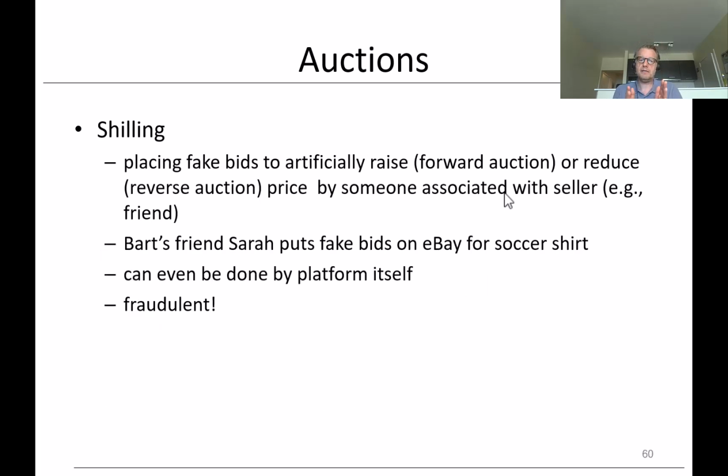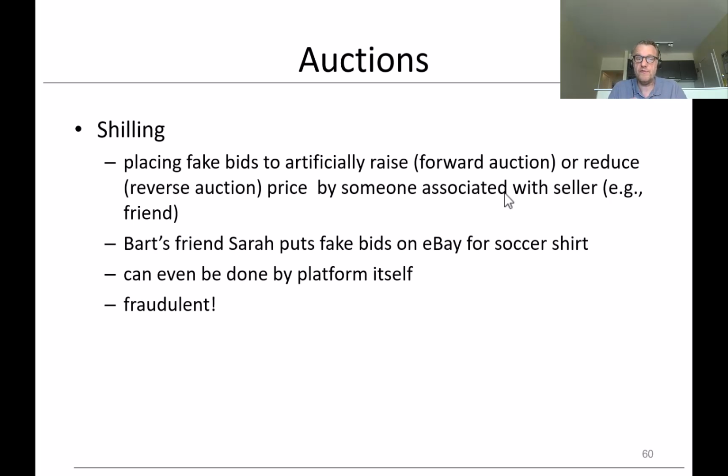Shilling is placing fake bids to artificially raise or reduce the price, by someone associated with the seller. So if I'm selling my Club Brugge shirt, I can have an accomplice, Sarah, and she's going to put fake bids on eBay for my soccer shirt to just increase the price. So this is shilling.